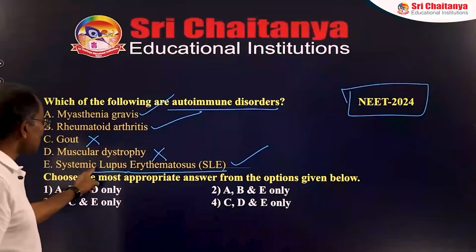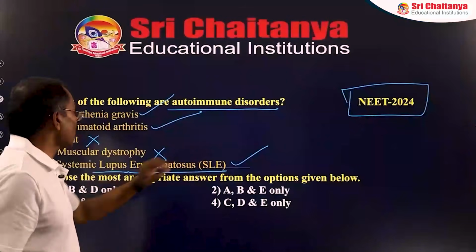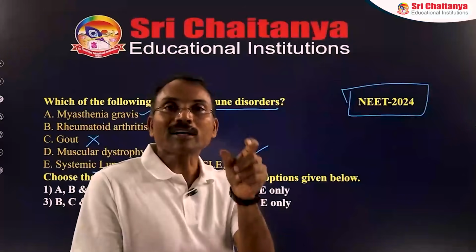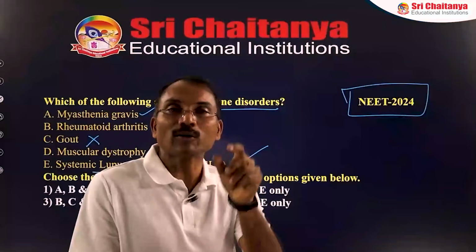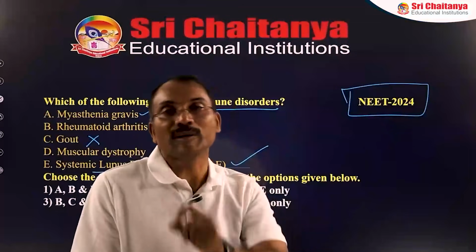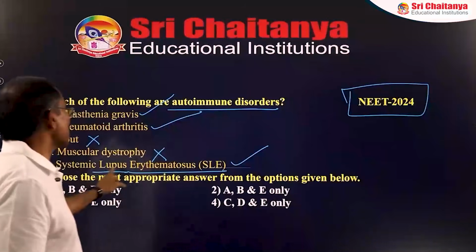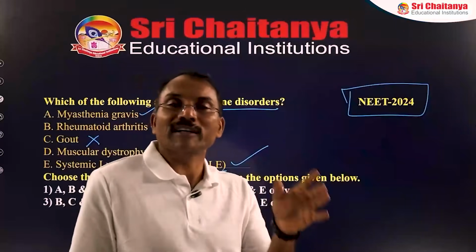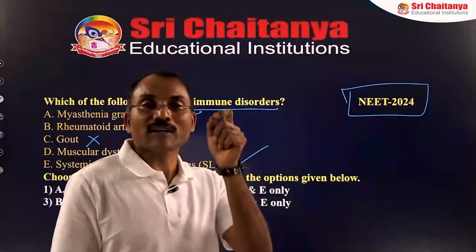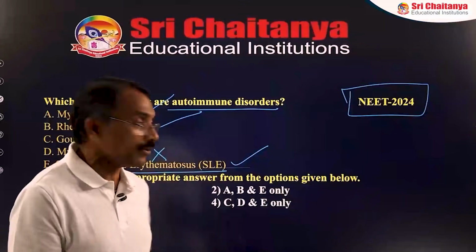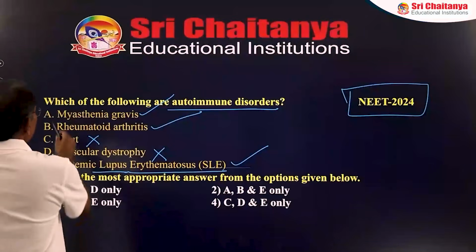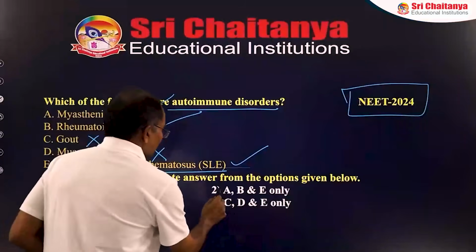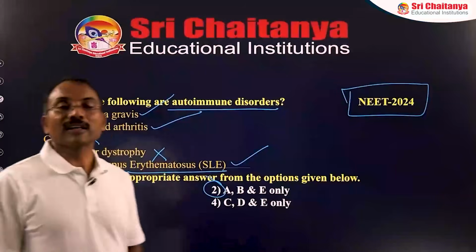Systemic means all over the body. Localized means confined to a specific site of the body. So answer is A, B and E, the correct option.